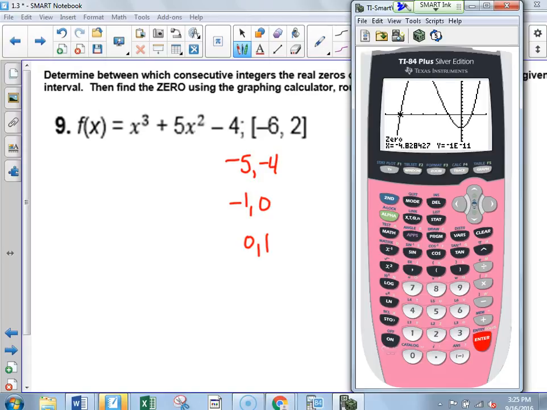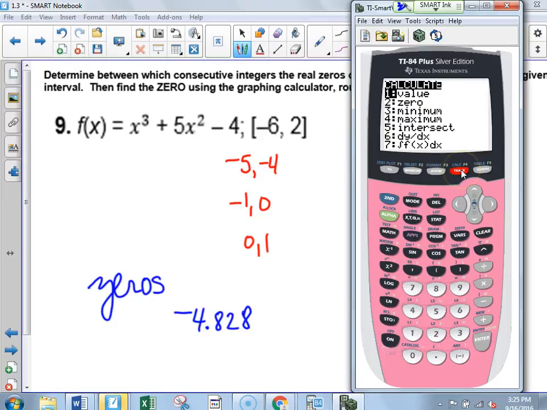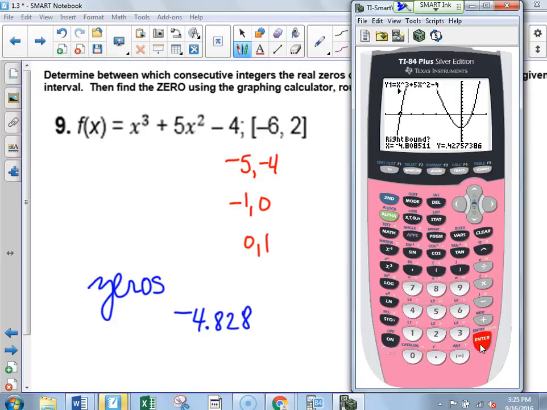And it says to the nearest what in the directions? Thousandth. So -4.828. What's thousandth? Yes, 3 places. Now, I think you will struggle with the second one. If you put between -1 and 0, it may actually find it. But yeah, it's actually at -1, I think.